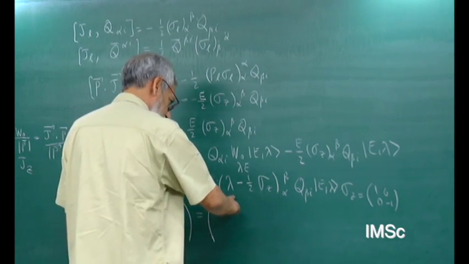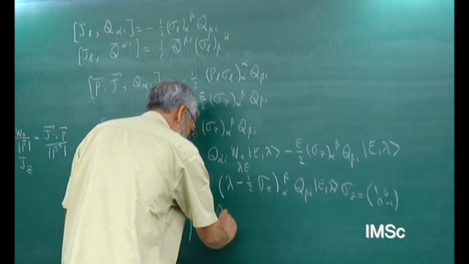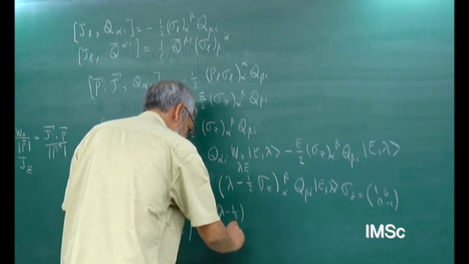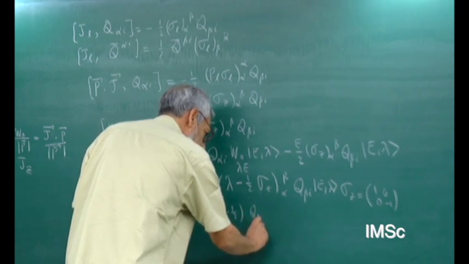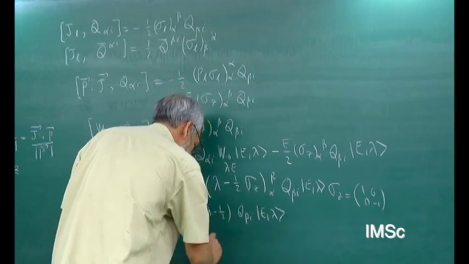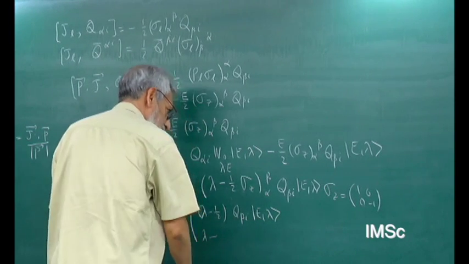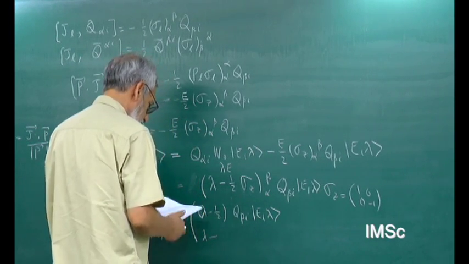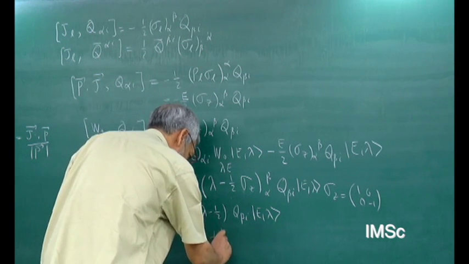So what do I pick up here? I pick lambda minus 1/2 on Q beta I on E lambda. Upper one is minus and lower one is plus, yes.